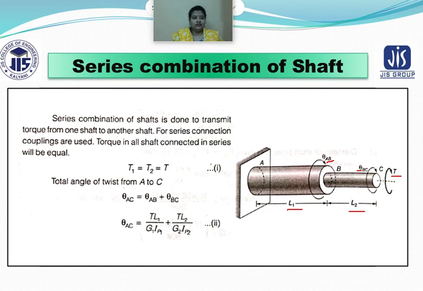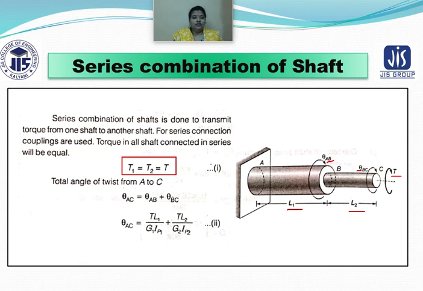So this is the thing that you have to remember. For series combination of shaft, the torque generated in T1 is equal to T2 and that is equal to your T. So the torque is basically the same if they are in series.